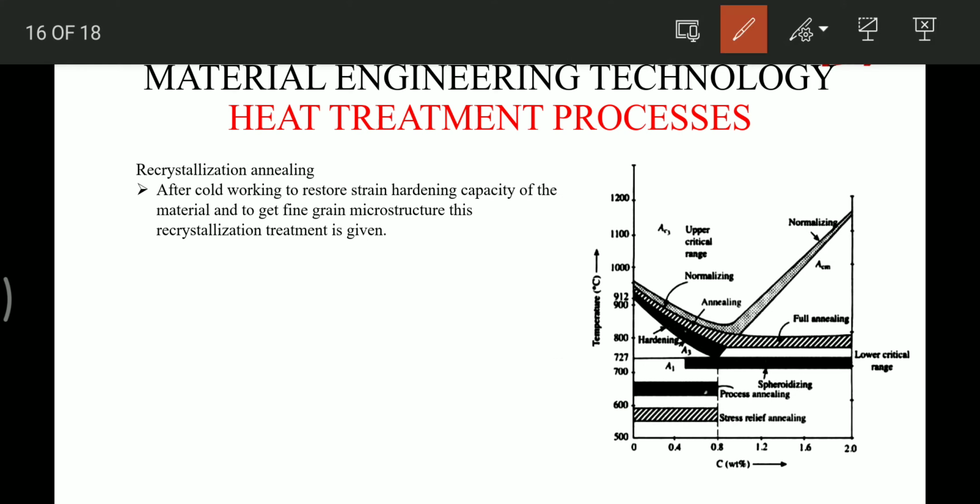Then next is the recrystallization annealing, or process annealing, I will say. They both are actually the same. This is done after cold working to restore the strain hardening capacity. Friends, this thing I will try to explain when we study the stress strain curve.